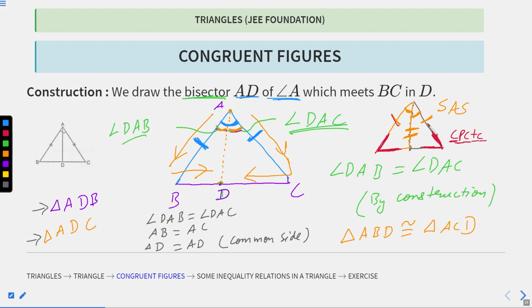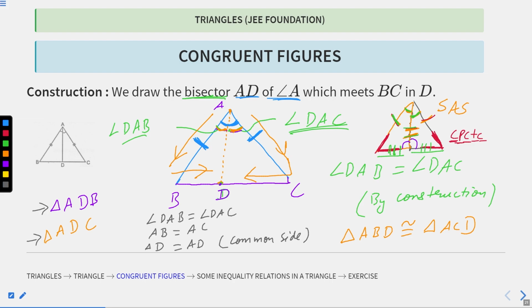This side is equal to this side, and this angle is equal to this one, so the remaining angle must also be equal in measure.